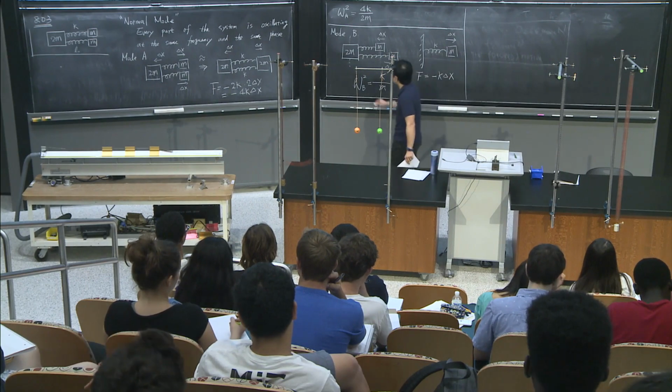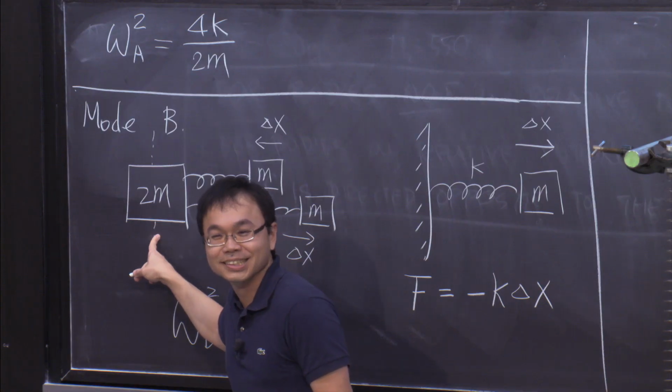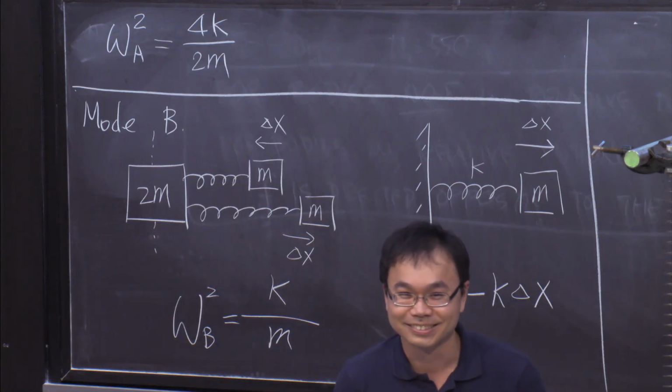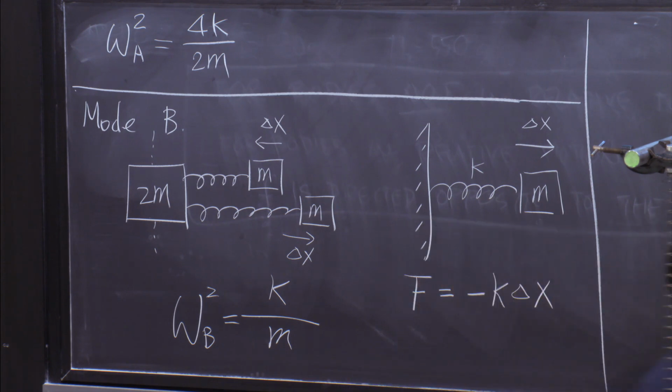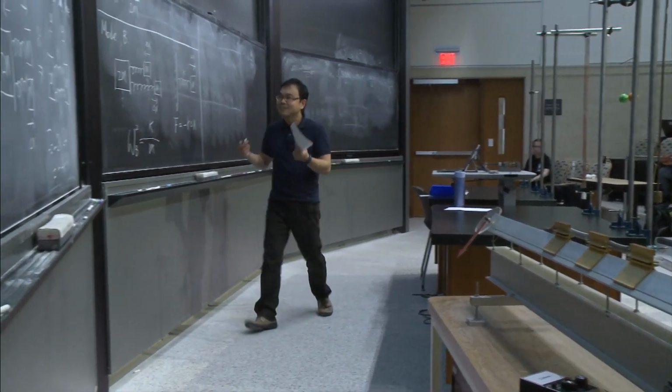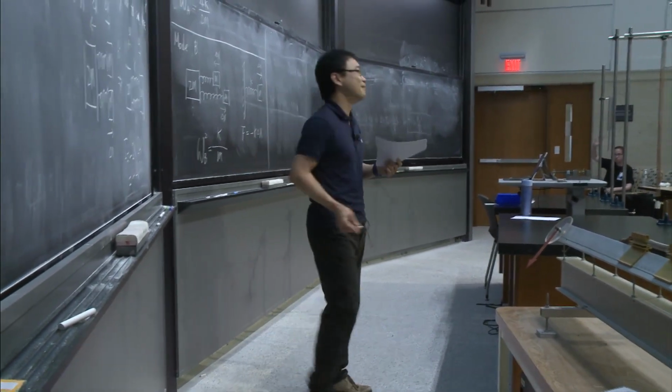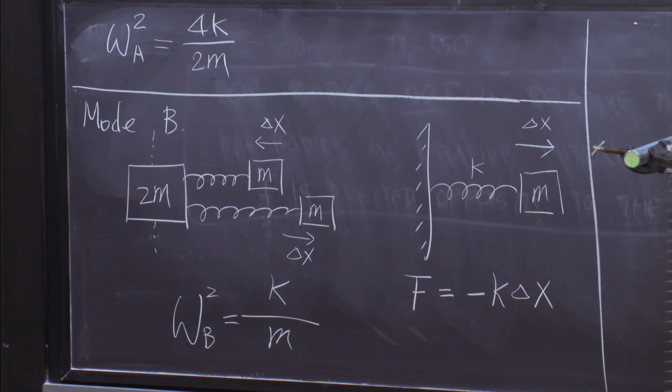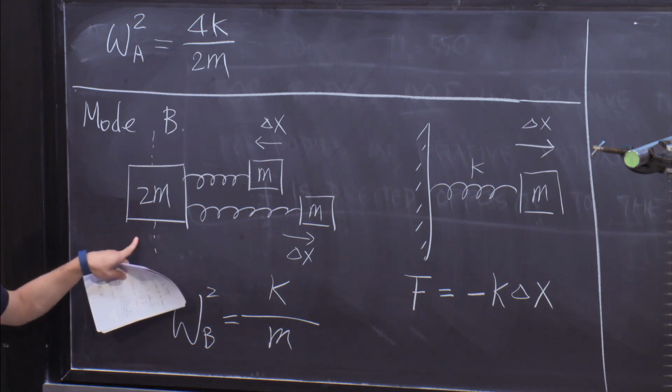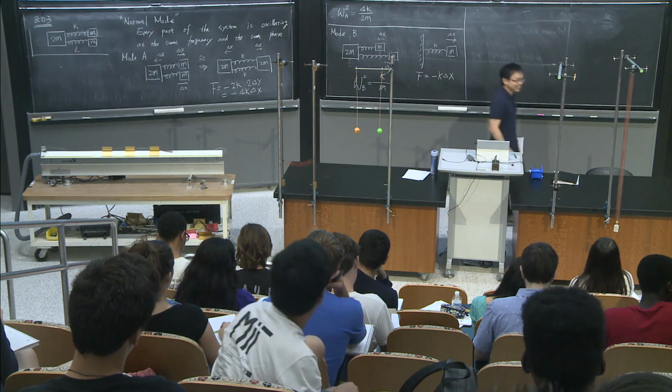I can say that this mass is also oscillating, but with what amplitude? Zero amplitude, right? So the conclusion is that everybody is oscillating at the same frequency, but this guy is with zero amplitude. Yes.